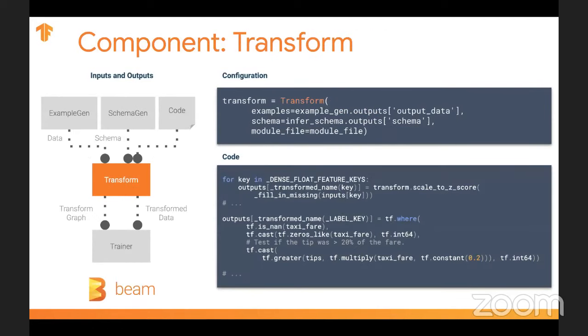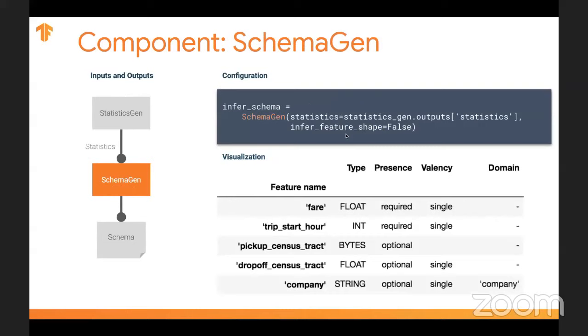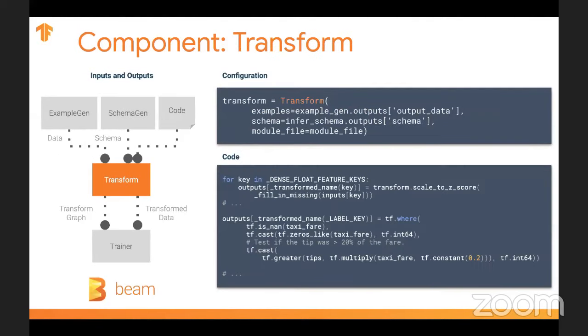Transform is one of the more complex components, as you can see from this example code. The configuration for it, and if you go back here, you can see for all of these components, we're really just configuring these components. They're configuration driven. But for transform, we have to supply some code.